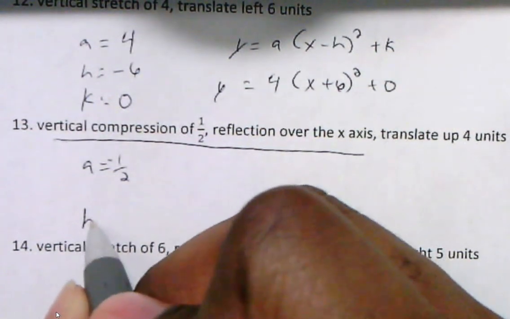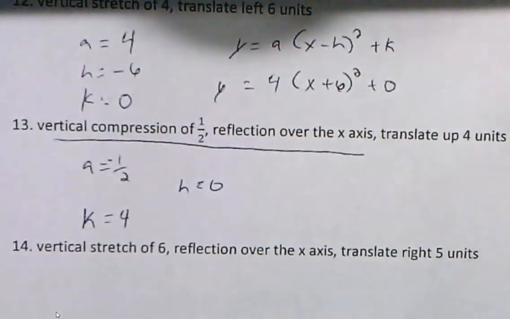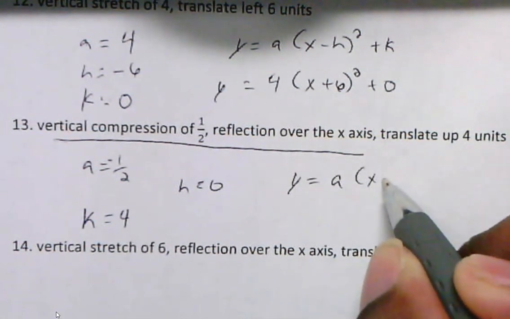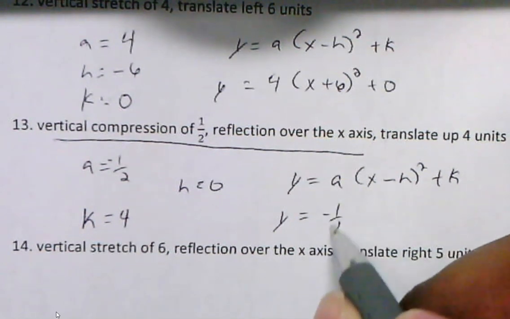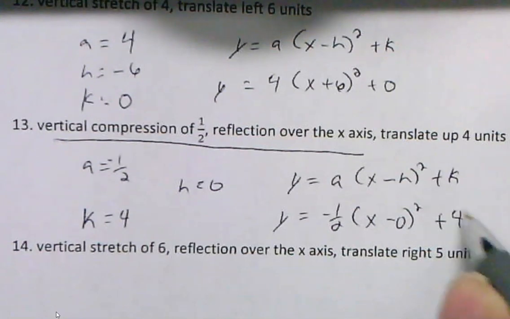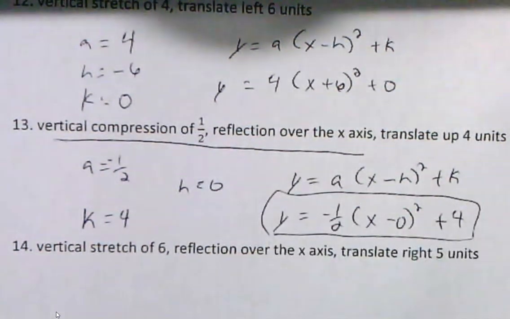So that's K. K is 4. H they didn't tell you anything about, so it's 0. This equation would be y equals negative 1/2(x subtract 0) squared plus 4. And you can simplify that if you want.